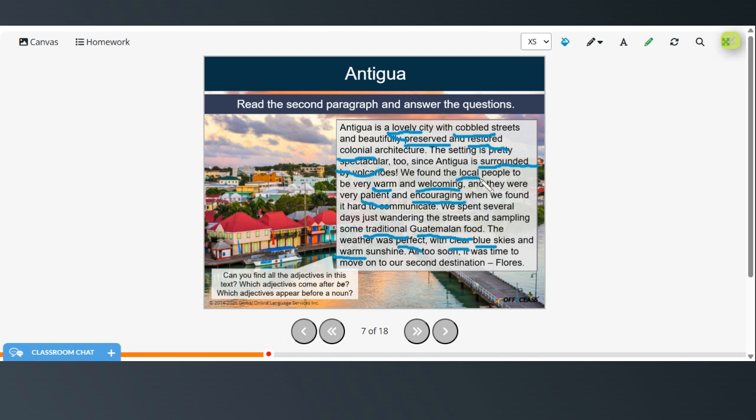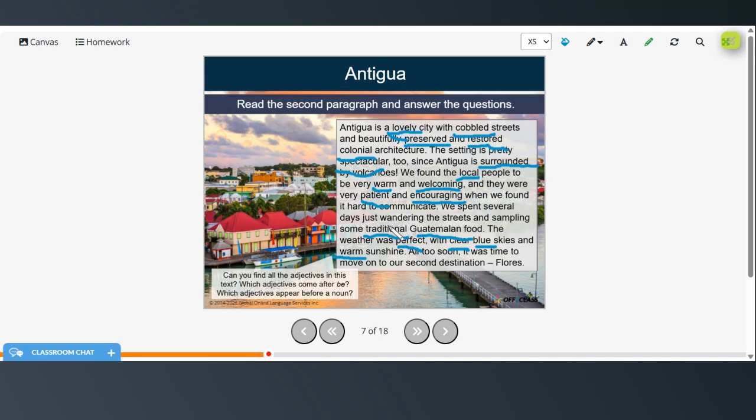Local is actually another one that I missed. That describes the noun people. Warm and welcoming are also describing the people, or actually, those two come after the verb to be. Patient and encouraging, again, were is a form of the to be verb.